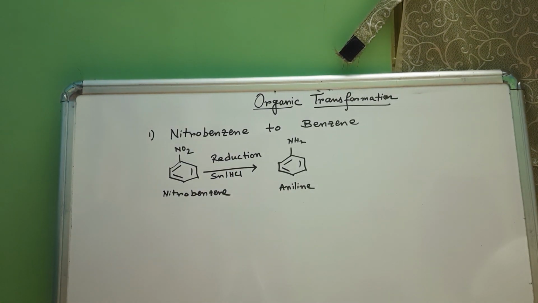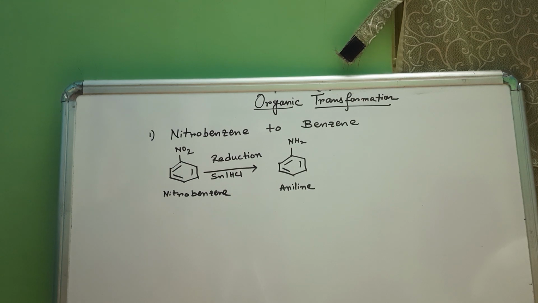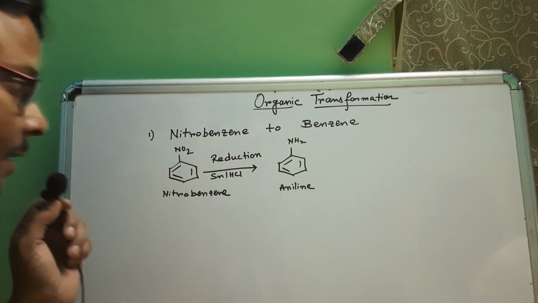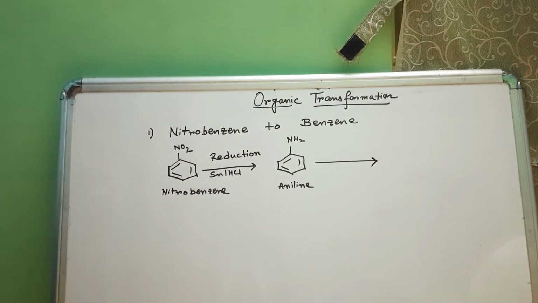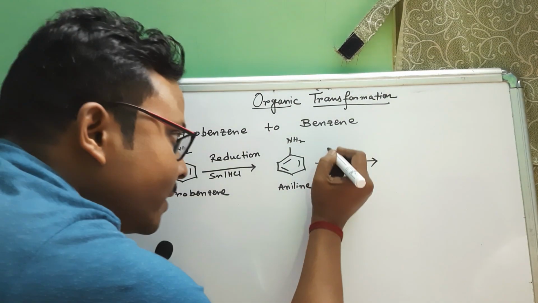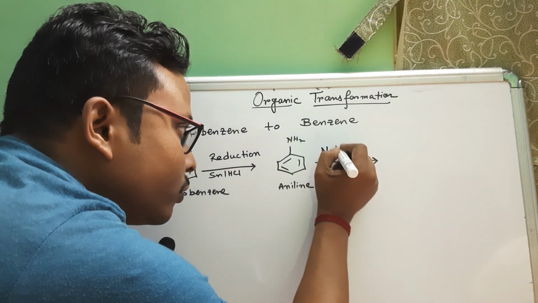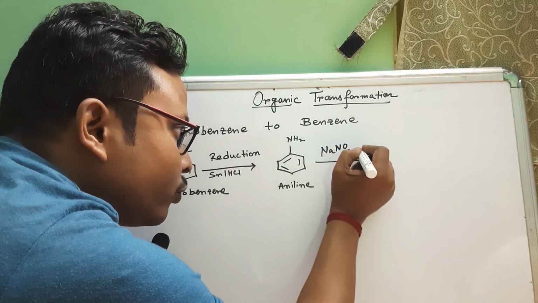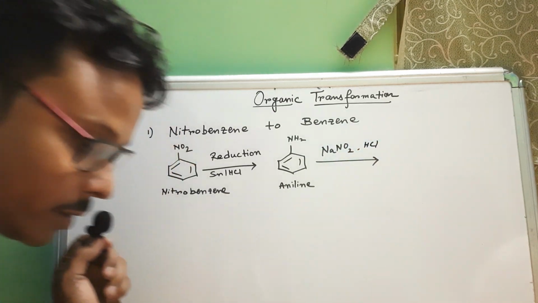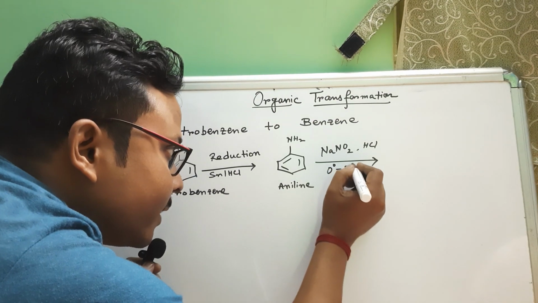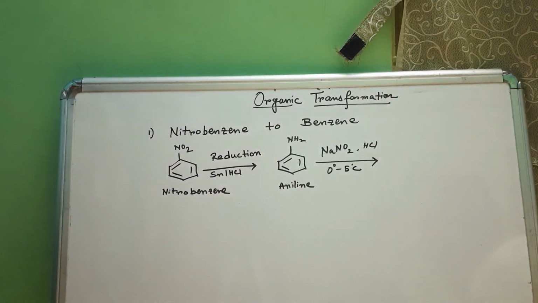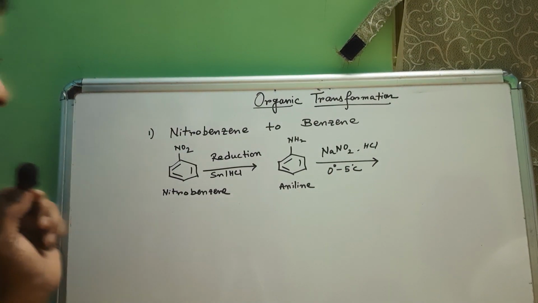If we use Sn in HCl, we will get aniline. Once the aniline is formed, diazotize the aniline by sodium nitrite, NaNO2 in HCl, temperature 0 to 5 degrees centigrade.